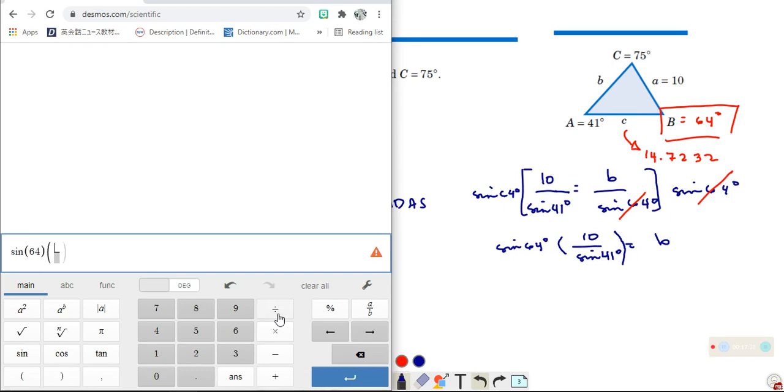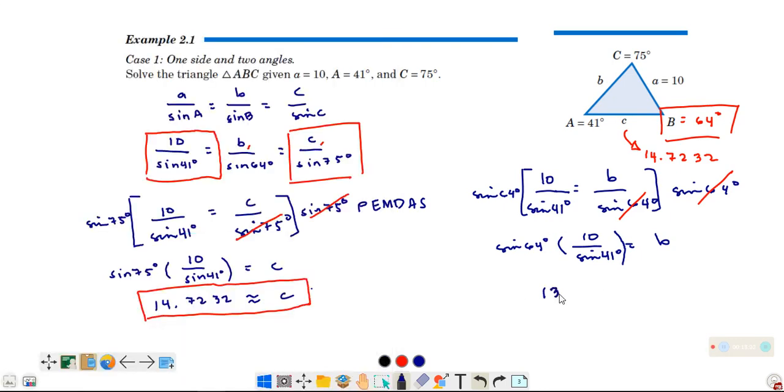So, we have 10 over sine 41. Ayan. And you will see that this whole function is close to but not equal to 13.6999. So this is approximately equal to 13.6999. It is approximately equal to b.